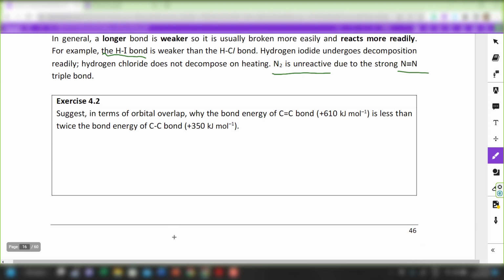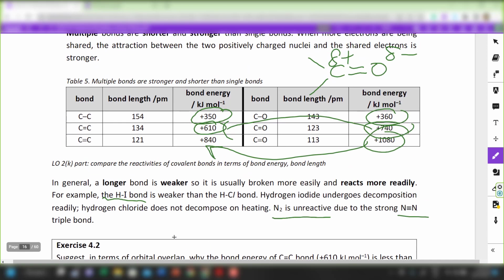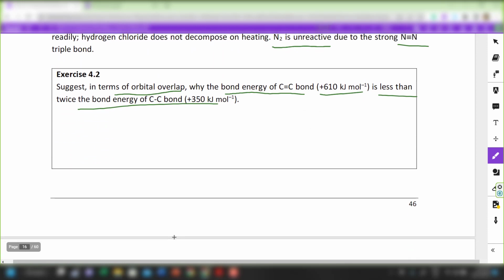Okay, yeah, so we are at exercise 4.2. For exercise 4.2, you are required to suggest in terms of orbital overlap why the bond energy of a C=C bond is less than that of a C-C single bond. I think I talked about that earlier over at table 5. I mentioned that because the C-C single bond is simply a sigma bond, whereas that of a C=C bond is a sigma and pi.